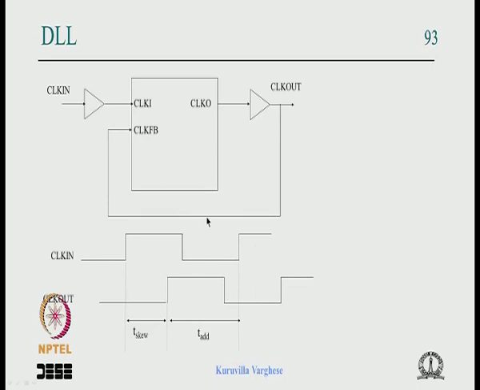So the DLL is used for deskewing an input clock with output clock, so you can remove the skew between them using the DLL.